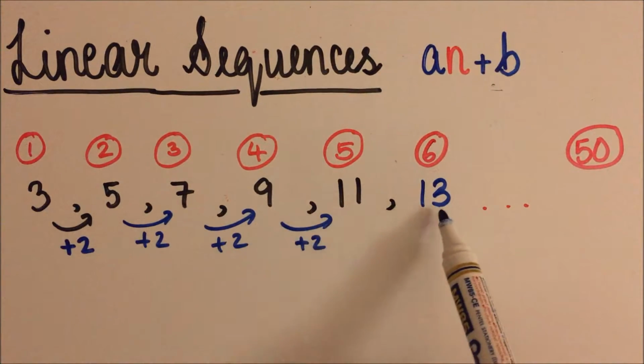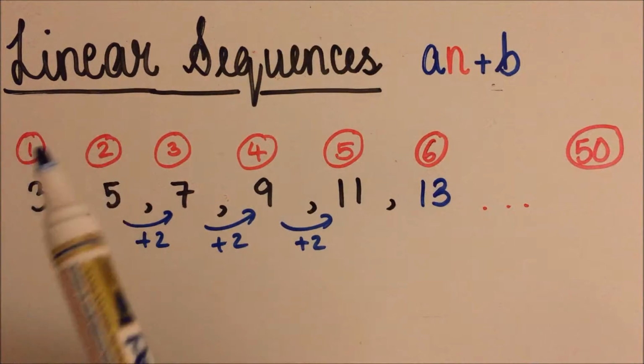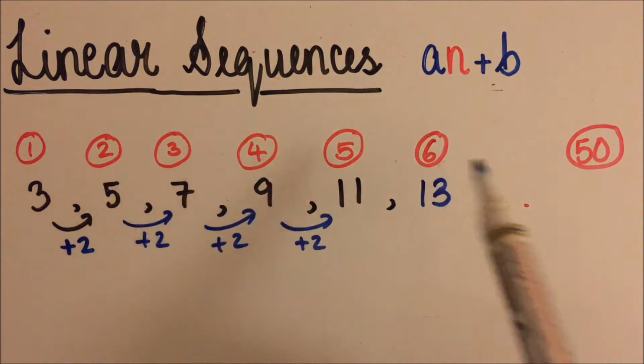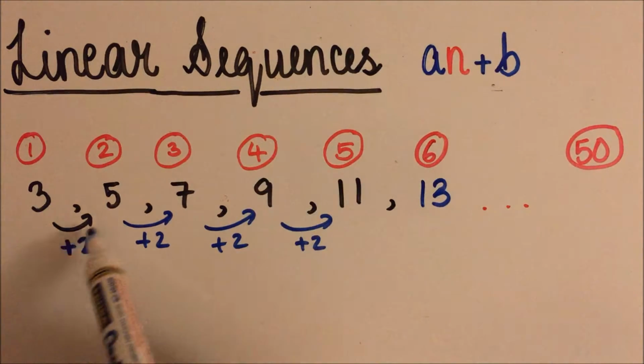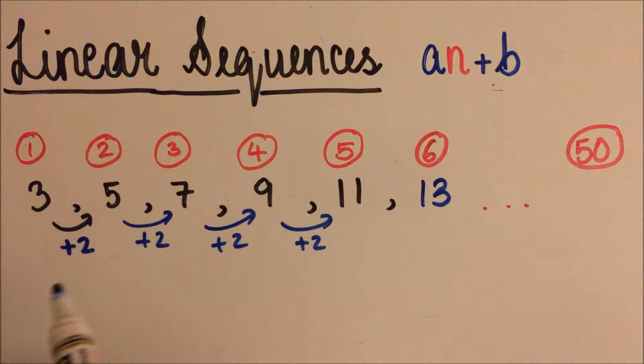So here's your sequence. Step number 1 is to always write down the term number above each term. It just makes your life a lot easier and you can clearly see what you're doing. The second step is to find the difference between each term, and in this case it's +2.